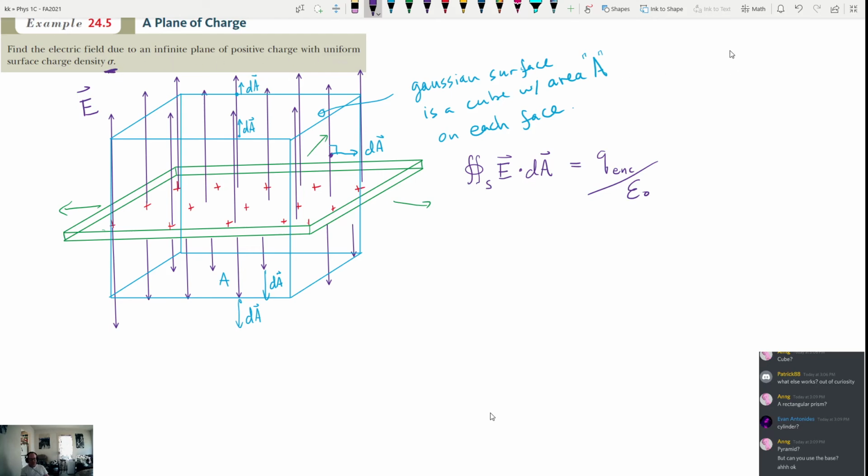Just to remind you, sigma is charge over area. In our problem, we've already stated that E and dA are parallel to each other, so we can drop the vector symbols and this just becomes E times dA.